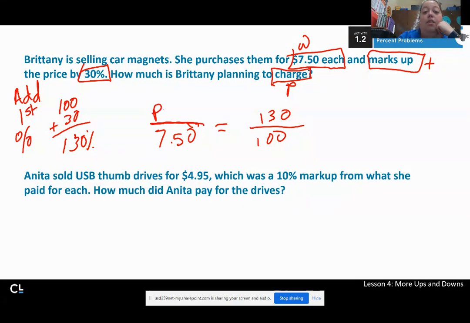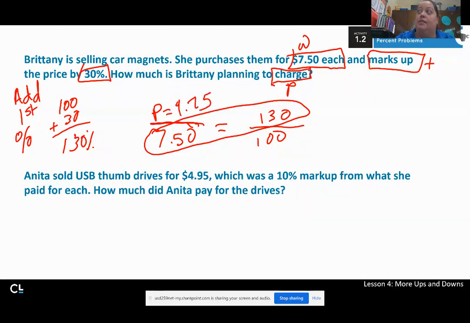Now I have to find out the part that she's planning to charge. So again, I'm going to cross multiply and divide. And you should get $9.75. So she charges $9.75.